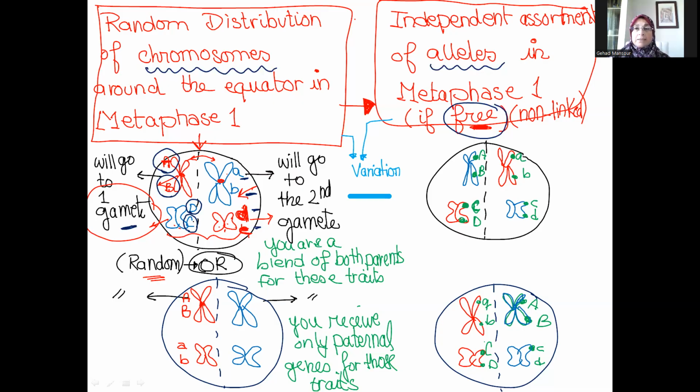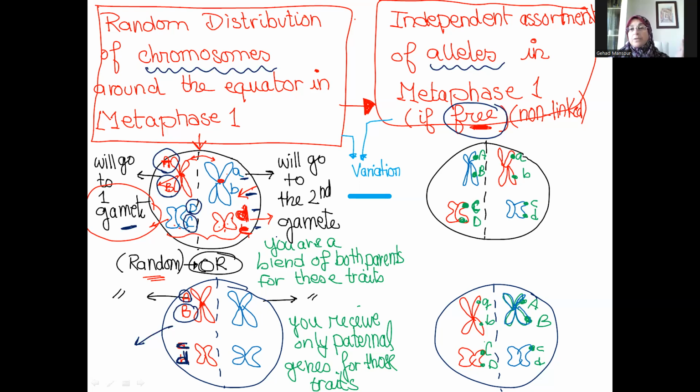This is just an example for a possible arrangement of the chromosomes around the equator of the cell. But there is another possible arrangement like this. In such a case, if you are formed from the gamete to the left, you will be formed from maternal chromosomes only, and you will receive two dominant alleles for A and B and two recessive alleles for C and D. Okay, so here this makes the difference.